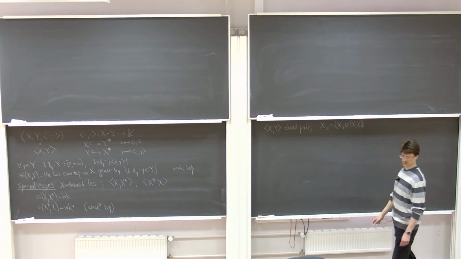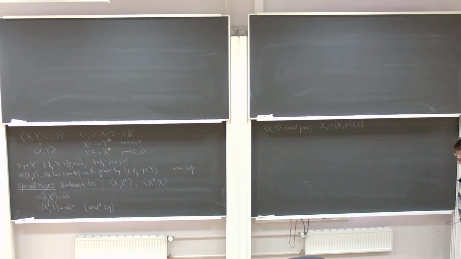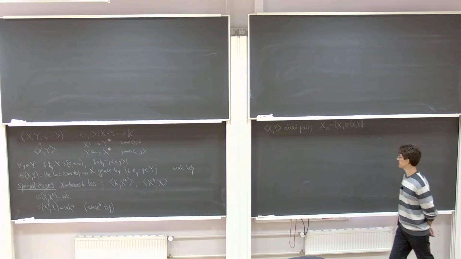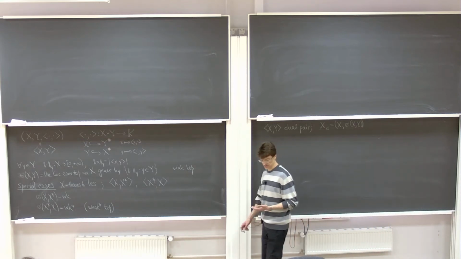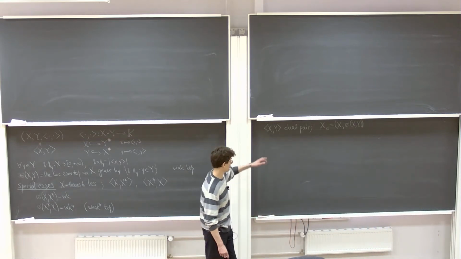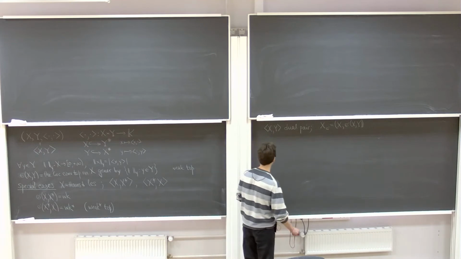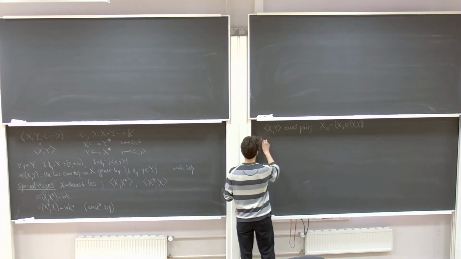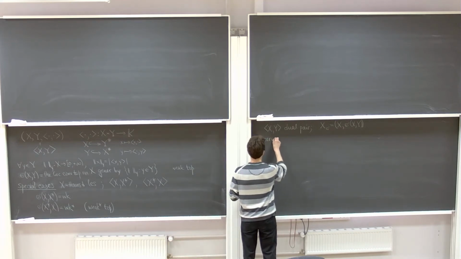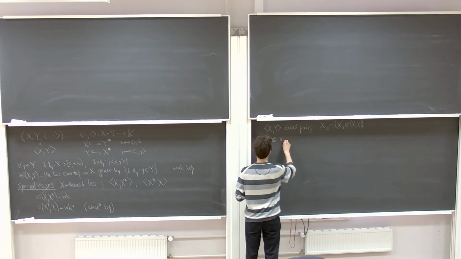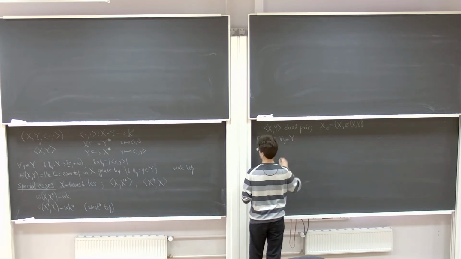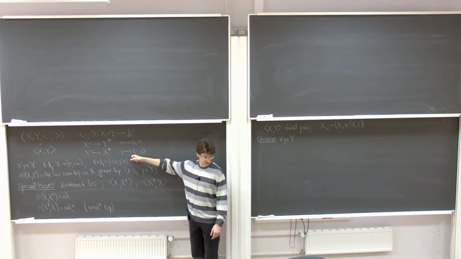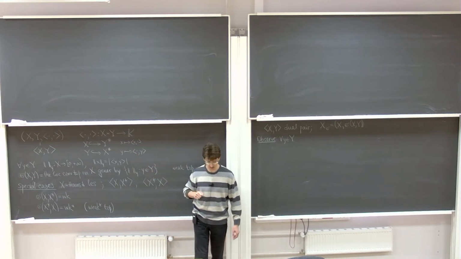So our first goal will be to identify the topological dual of X, or equivalently, to describe all continuous linear functionals on X, continuous with respect to the weak topology. First of all, let's observe the following. If I take an element in Y, we follow this convention and interpret Y as a linear functional on X.